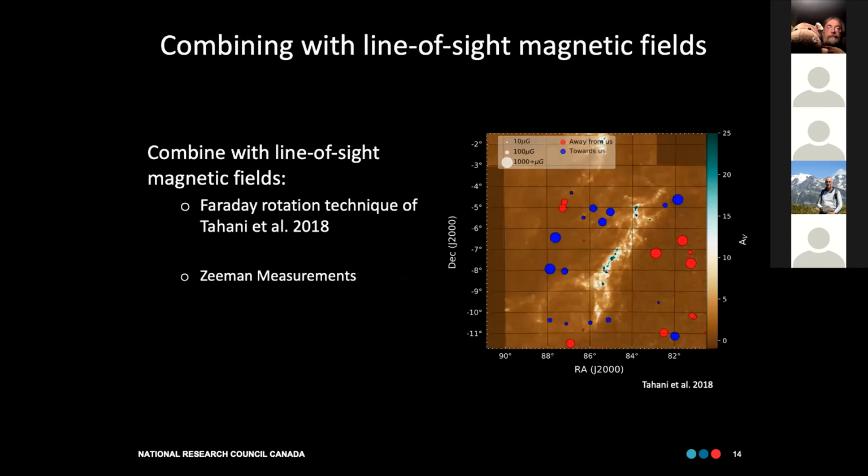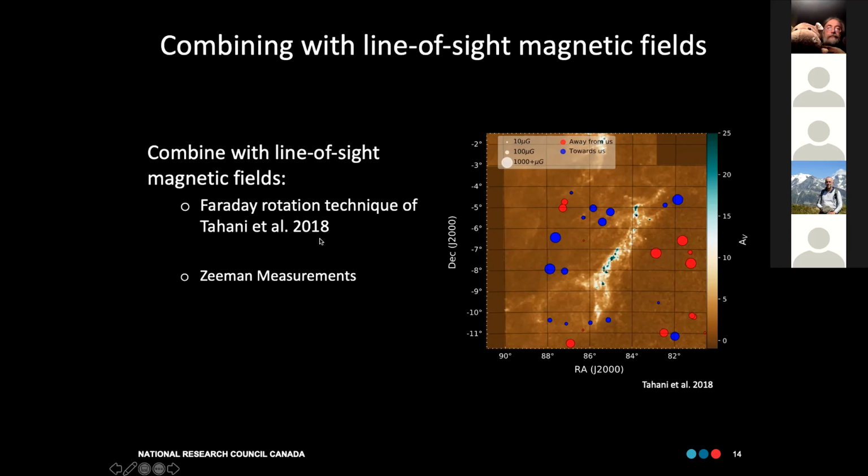So in addition to this, we also aim to combine and study our plane of sky magnetic field observations with the line of sight magnetic field observations using the Faraday rotation technique of Tahani et al. 2018 and Zeeman measurements.